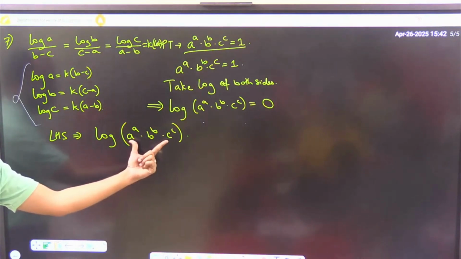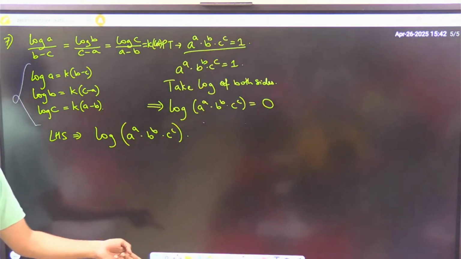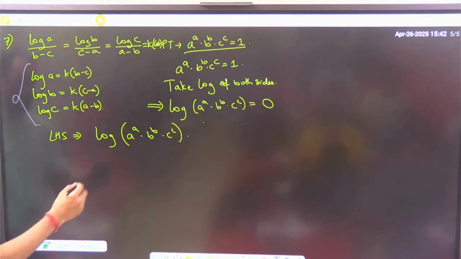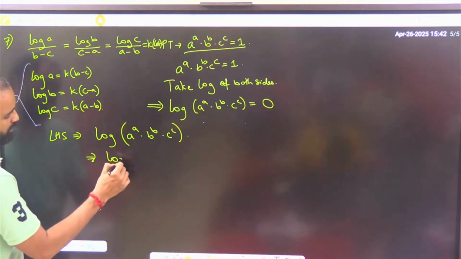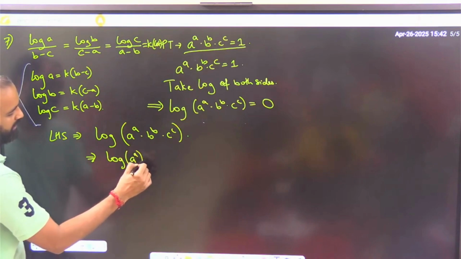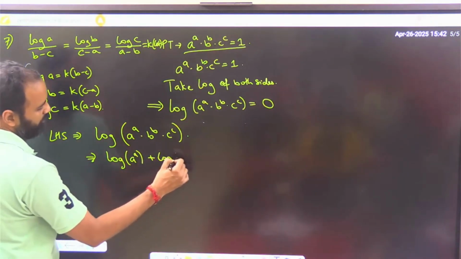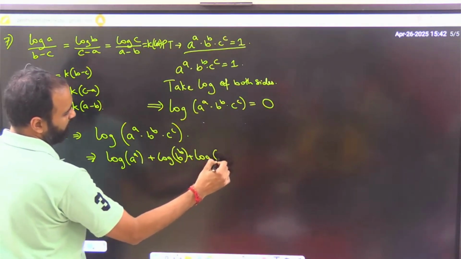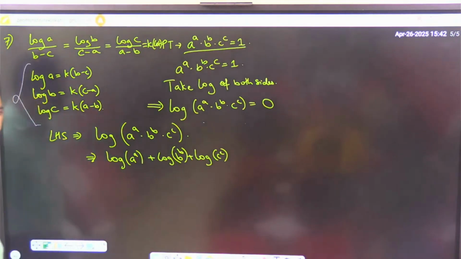To begin with, it's a product. What happens to log of a product? It splits as a sum. So this will end up becoming log of a to the power a plus log of b to the power b plus log of c to the power c.